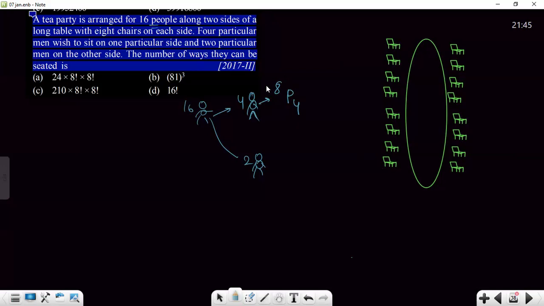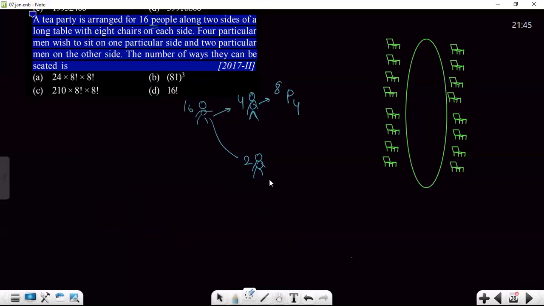Like say A, B, C, D after selecting four places. How many choices here? Four choices, three choices, two choices. So that's why we'll take permutation here. Note that in combination we just select; in permutation we select and arrange also. That's why 8P4.